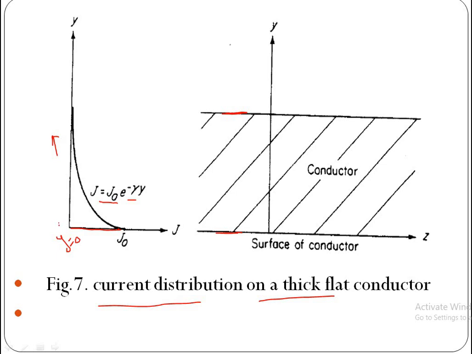Whenever y increases, the current density decreases by a factor e power minus alpha y. So whenever the current penetrates into the conductor, its amplitude exponentially decays.